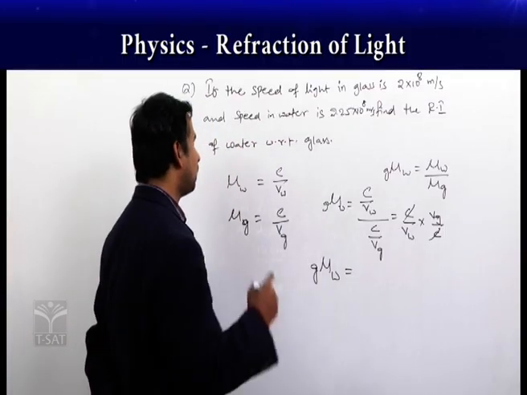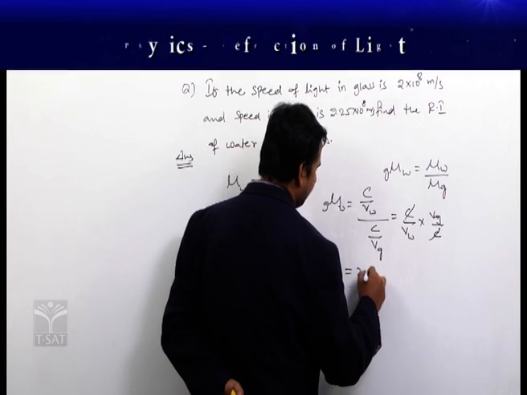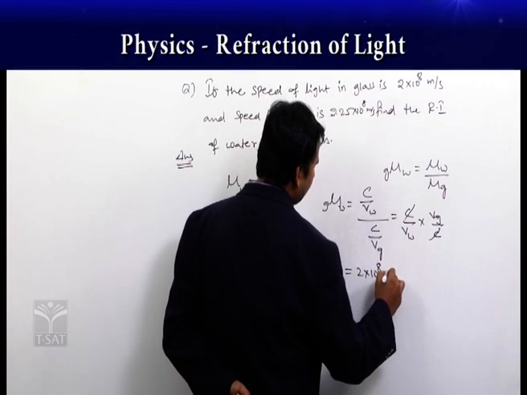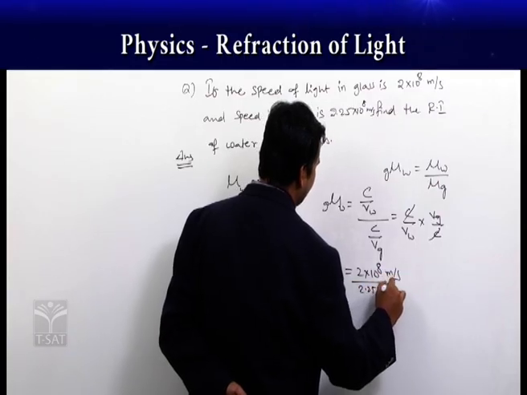Finally we get the refractive index as the velocity of light in the glass, 2 into 10 power 8 meter per second, over the speed given for water, 2.25 into 10 power 8 meter per second.